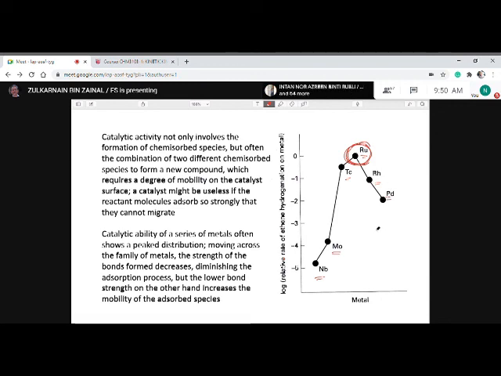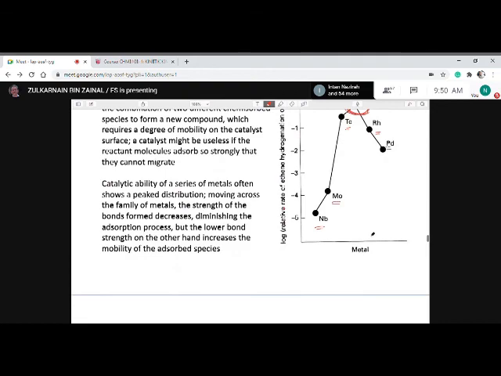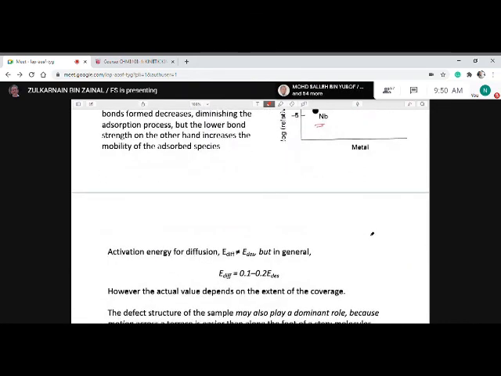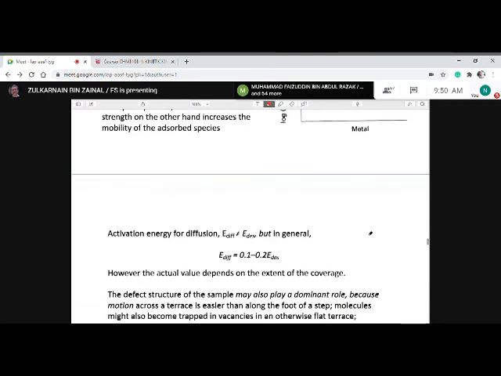So there should be a balance between the desorption and also the diffusion, right? If desorption is too high, then diffusion will not be able to occur, right?